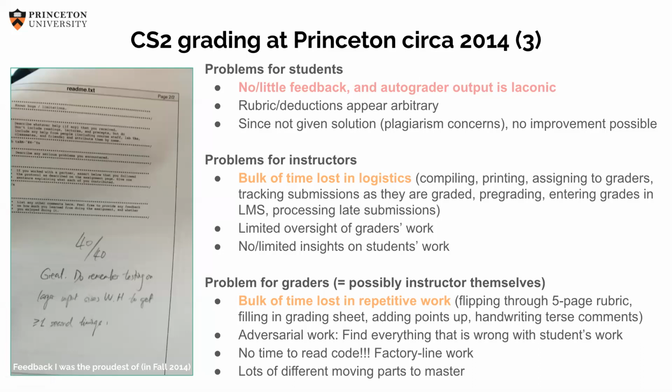And since they were not given any solution code because of our plagiarism concern, there was very little opportunity for students to improve. So say that you are a student who provides a perfect submission, then you get a 40 out of 40 and you go on your path. But say that you are a student who has failings, so maybe you get a 25 out of 40.